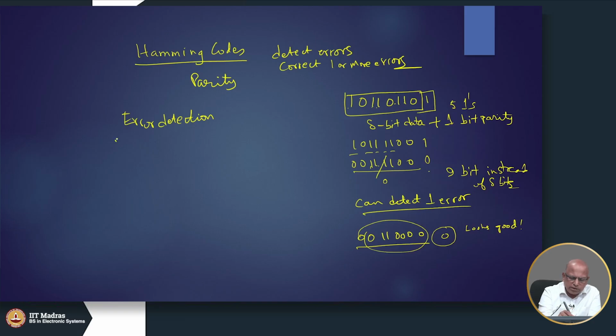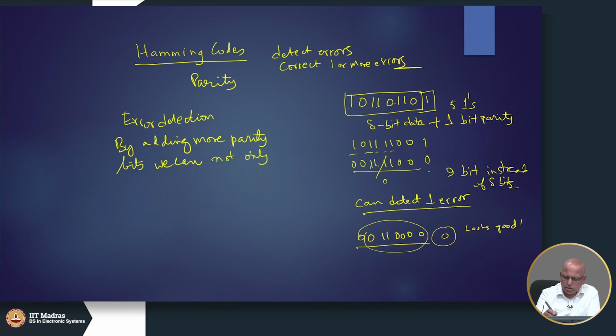By adding more parity bits, we can not only detect that there is an error, we can detect where it is.